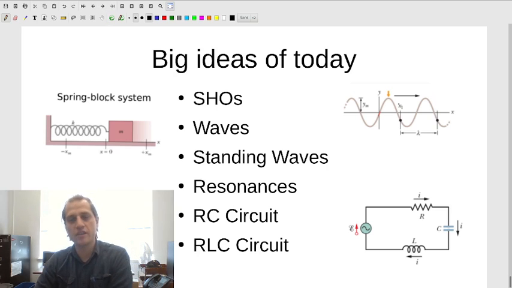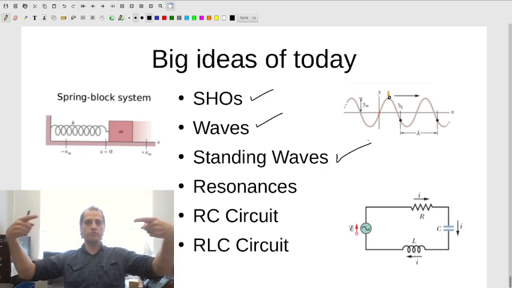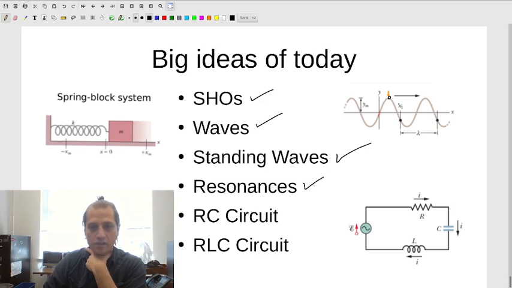Okay, so that has been a lot in an hour of review. We've talked about simple harmonic oscillators, how they go back and forth with conserved energy. We've talked about waves, how each point on the wave acts like a simple harmonic oscillator. We've talked about standing waves, how they occur from two waves that are traveling in opposite directions. We've talked about resonances, which can happen in confined spaces that set up where the nodes must occur in our standing waves.